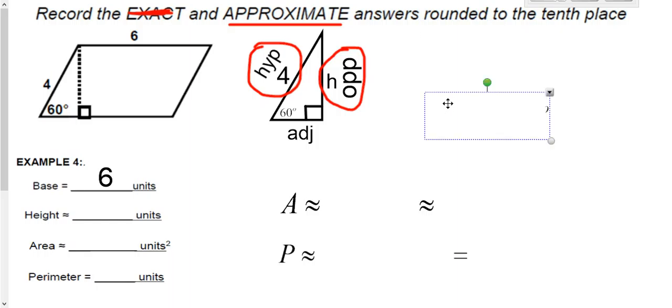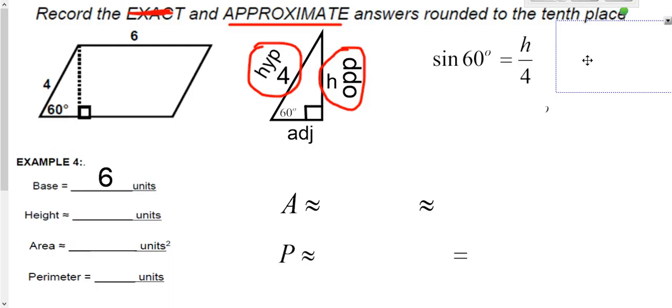Let's see if I can find it. Here we go. The sine of the angle, 60 degrees, equals the opposite side, h, over the hypotenuse, 4. And then we remember we went ahead and put it over 1 and cross multiplied. 1 times h is h, and then 4 times the sine of 60 degrees.